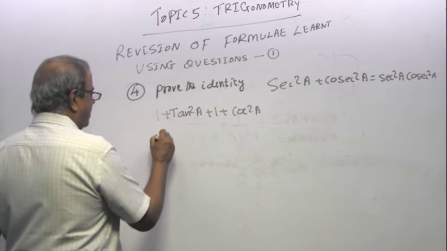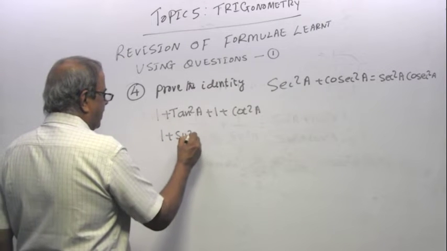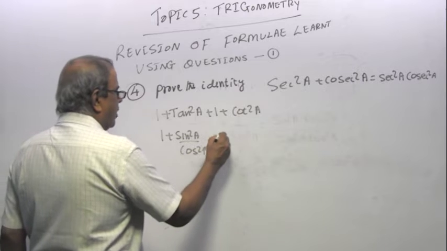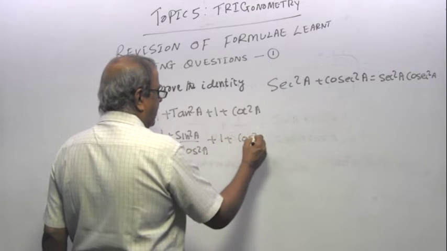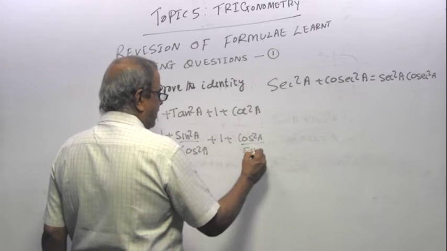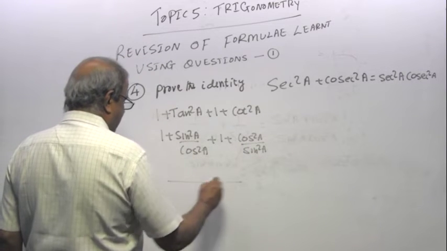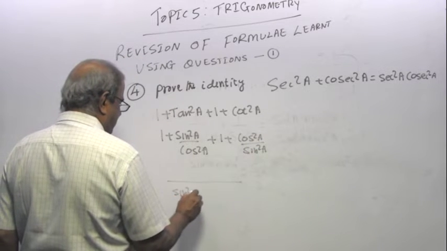What is tan? 1 plus sine squared A over cos squared A plus 1 plus cos squared A over sine squared A. I don't know whether I'm getting into a bit of a problem. Let's take sine squared A cos squared A as LCM.